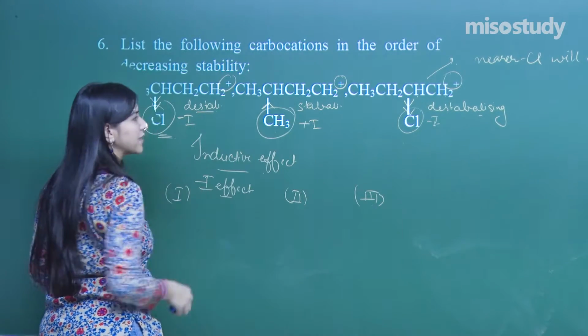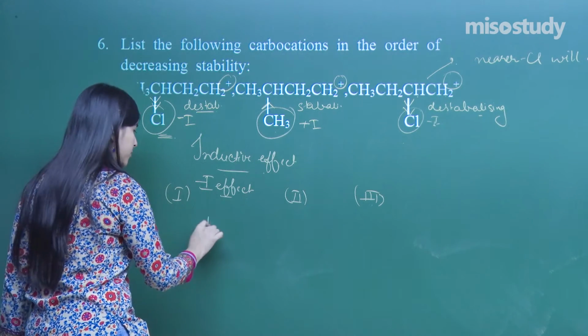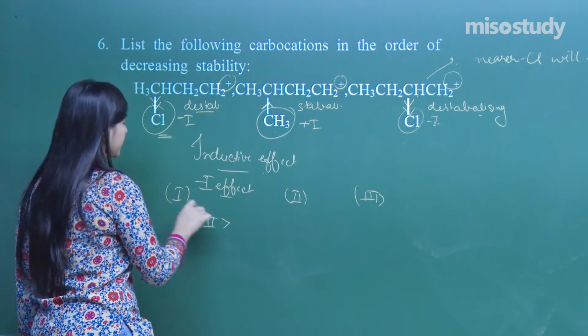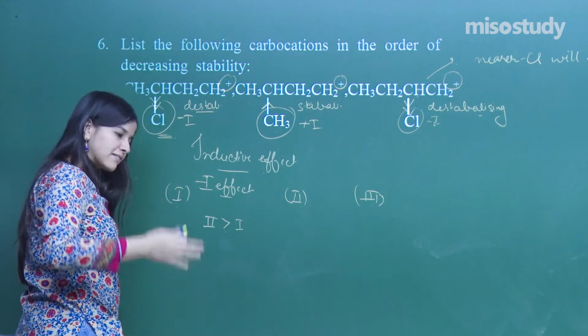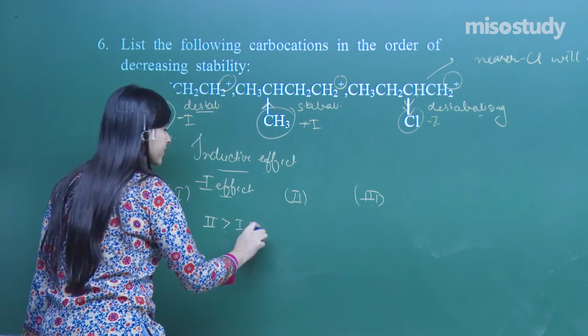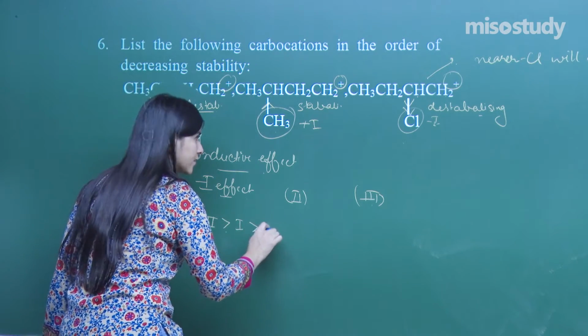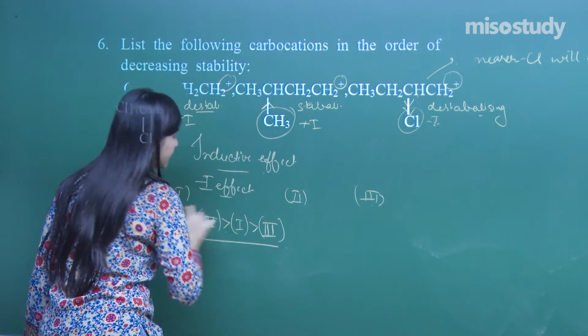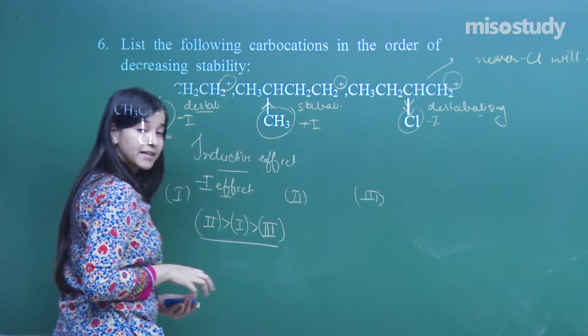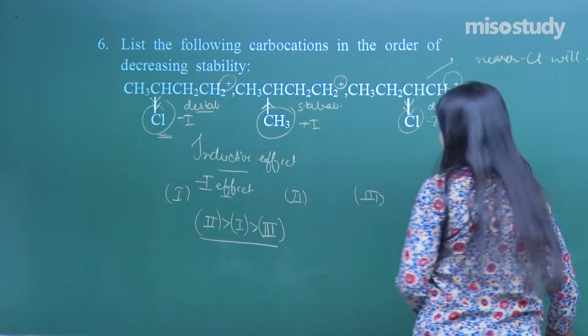The one having plus I effect, right? So it will be 2. The next one will be first, because Cl is far away, it will be less destabilizing, and finally the third one, right? Clear about it? I hope everybody has got the order over here.